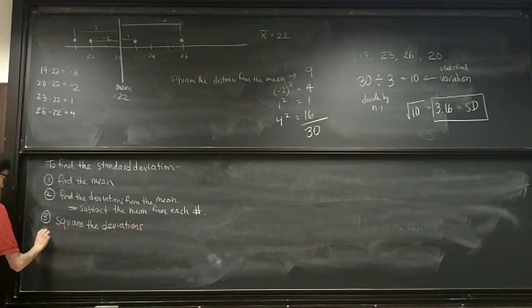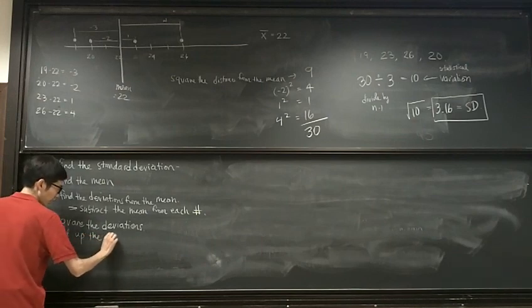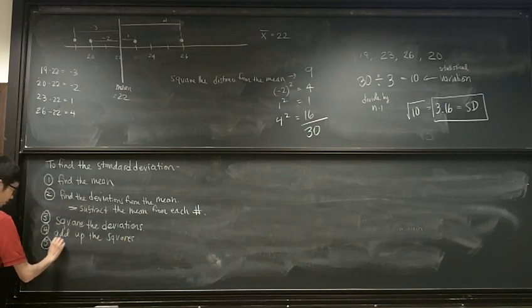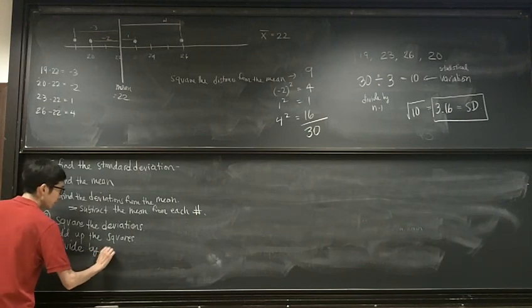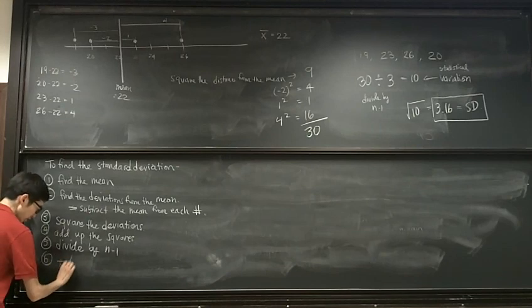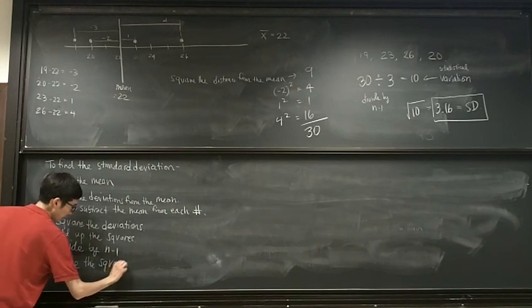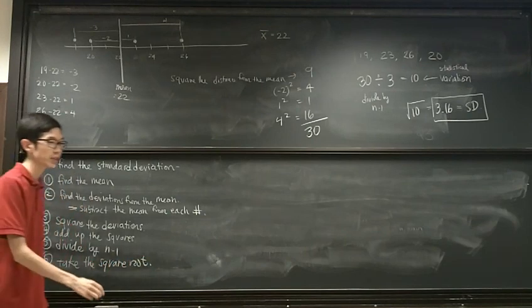Add up the squares. Divide by n minus 1, and then take the square root. And this gives you the standard deviation.